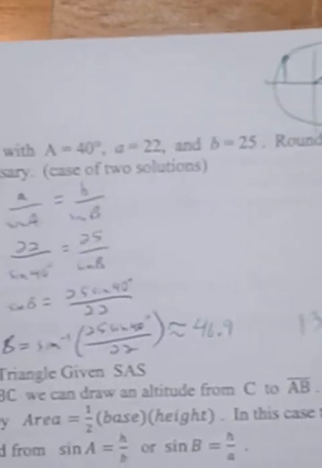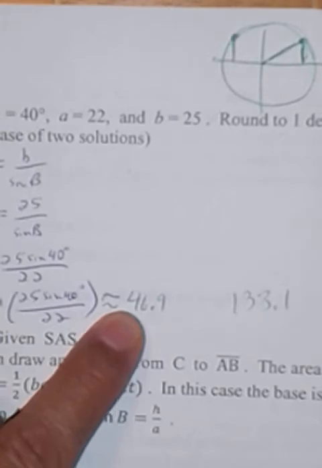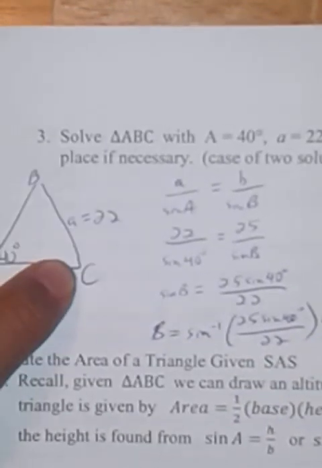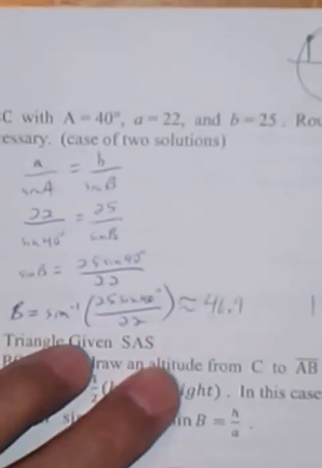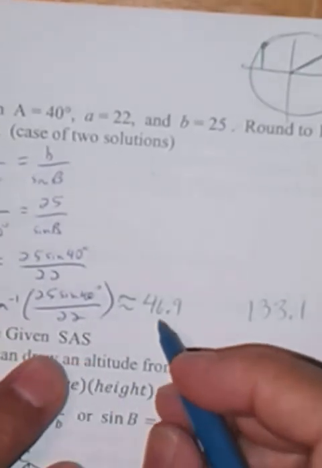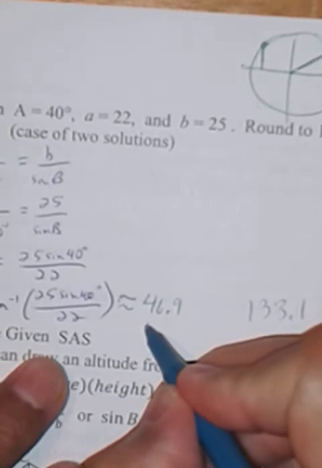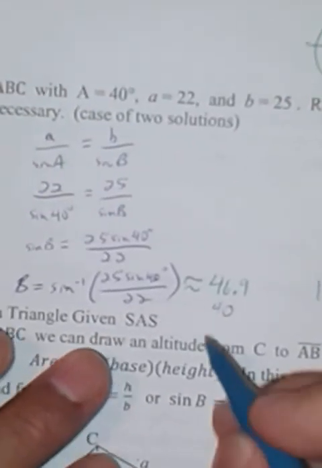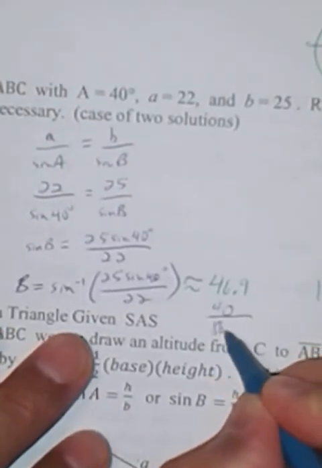Okay? And then how do I know that that's possible? Well, I look at the angle that I have, which was 40 degrees. So if I add 40 degrees to 46.9, I get 86.9. That leaves me room for angle C, right? That leaves enough degrees for angle C. So if B is 46.9 and A is 40, that's 86.9.